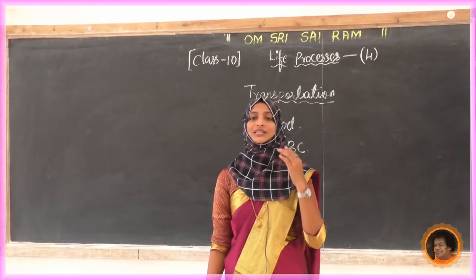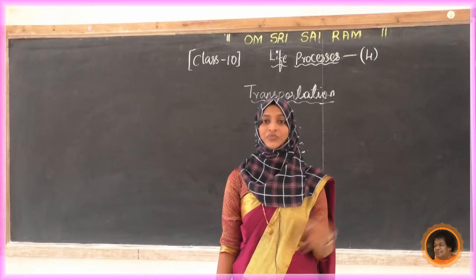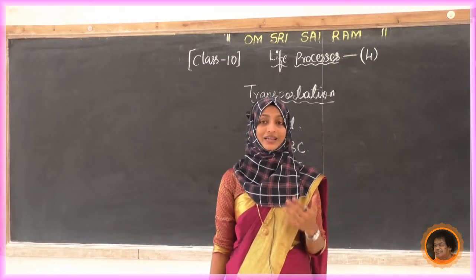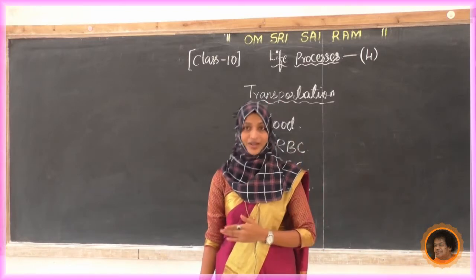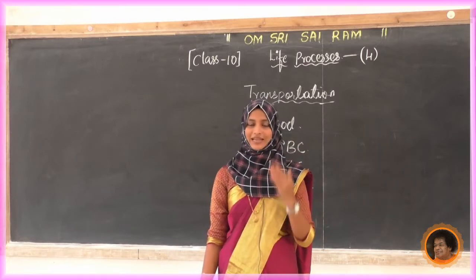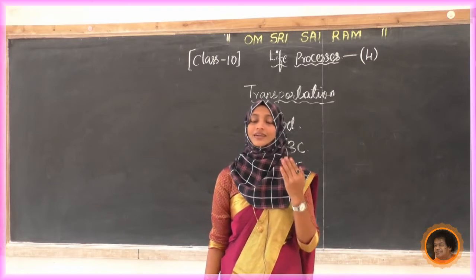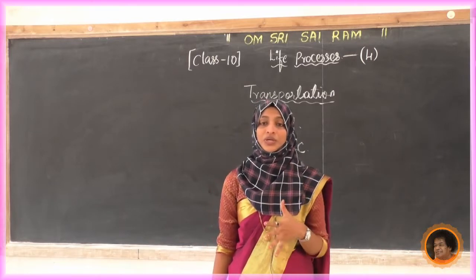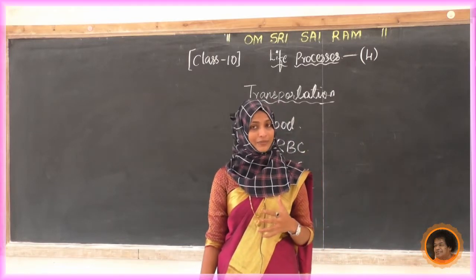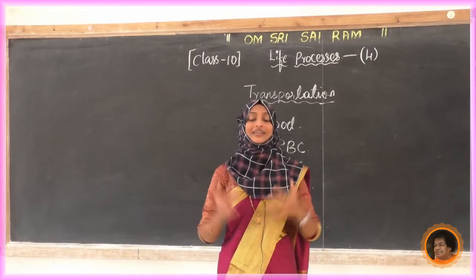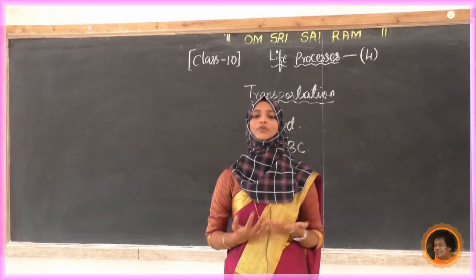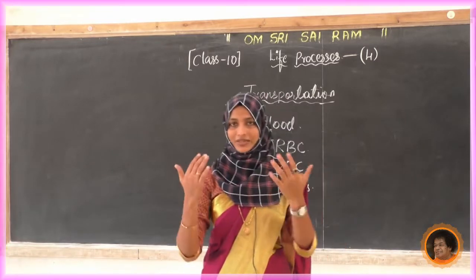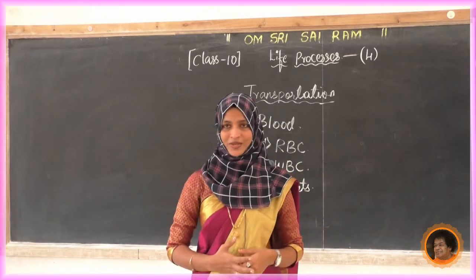Okay, come to know. See, in some cases, if you are getting a malaria-like disease, what will happen? Our RBC count will come down. Sometimes, if you are getting a fever like dengue, our platelets will come down. Along with that, if you are getting any diseases and you become weak, your WBC count is getting down.